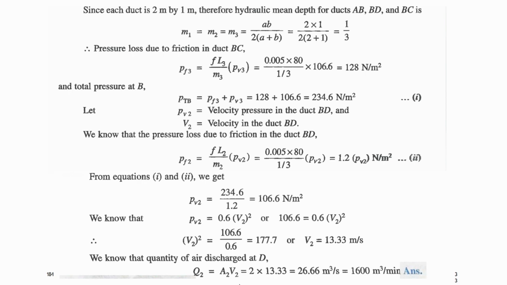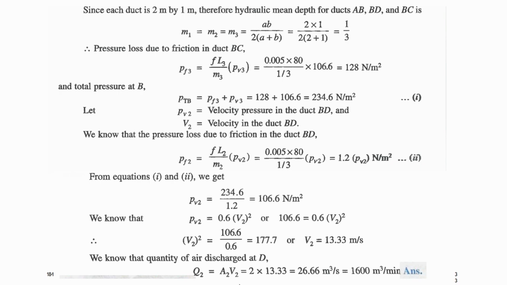We have the values of F, L, M but not PV2, so we get the equation as 1.2 PV2 Newton per meter square. From equations 1 and 2, PV2 is equal to 234.6 upon 1.2, which is 106.6 Newton per meter square. Putting this in the equation, we easily get the velocity as 13.33 meter per second.